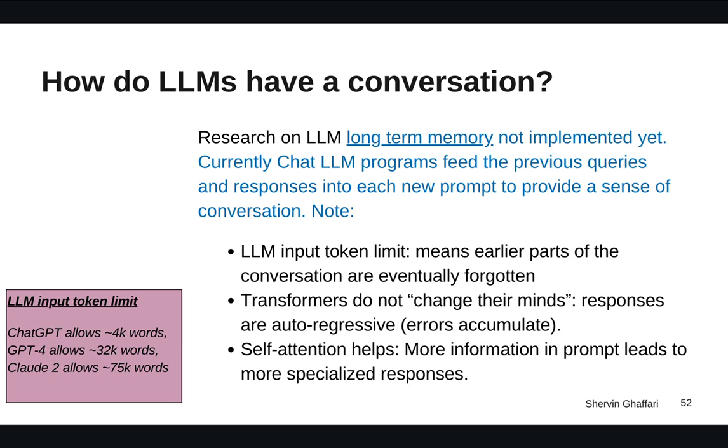They just inject some previously generated conversation, the questions and answers generated by the same model, and augment them as additional context to the current prompt, giving some sense of the chat conversation history.